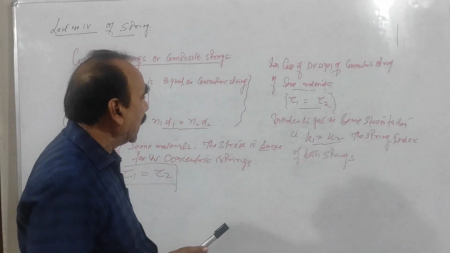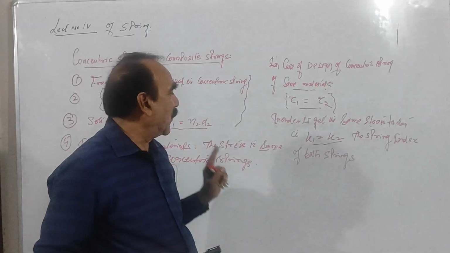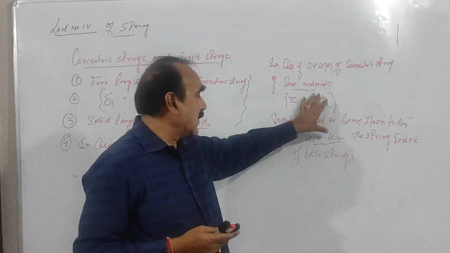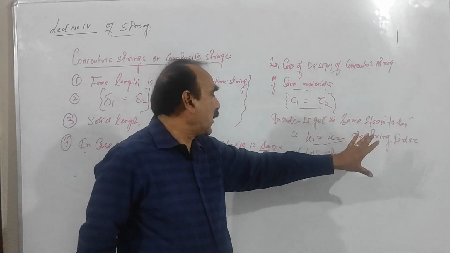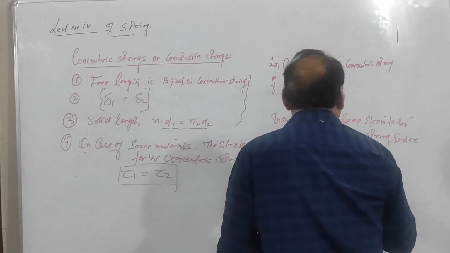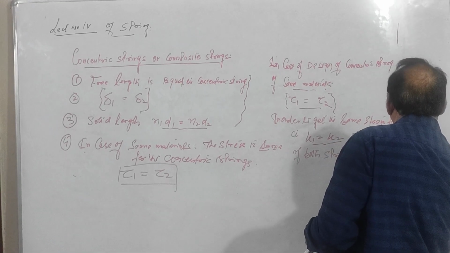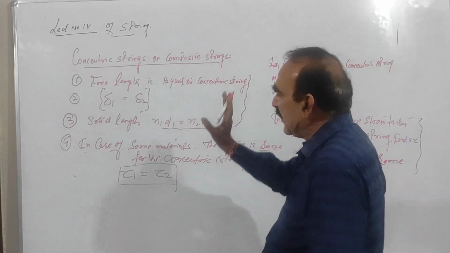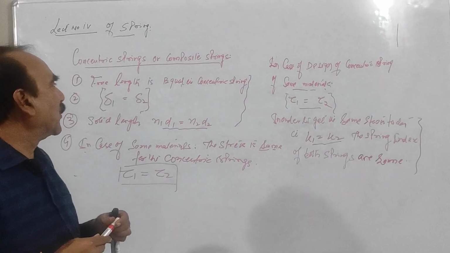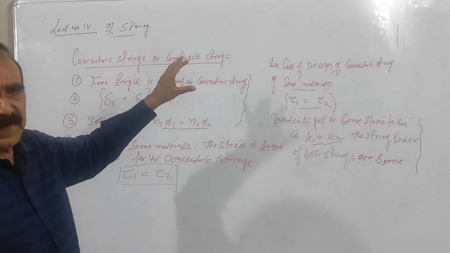In case of the same material, the shear stress in them will be the same. That is the first condition, and in order to get the same stress factor, K1 is equal to K2, the spring index of both springs is the same. So this is clear to you. These are the conditions which we require during the design of the concentric spring or the composite spring, right?